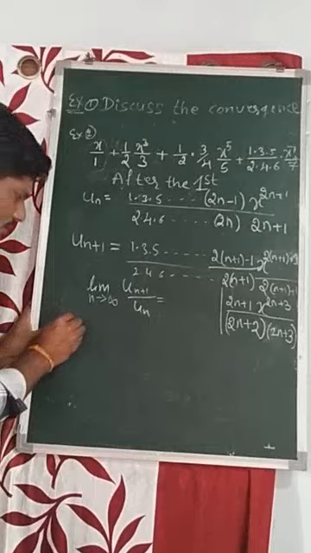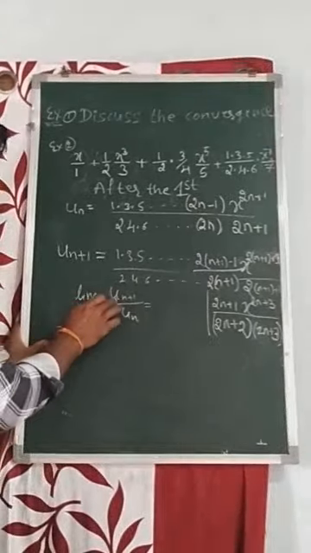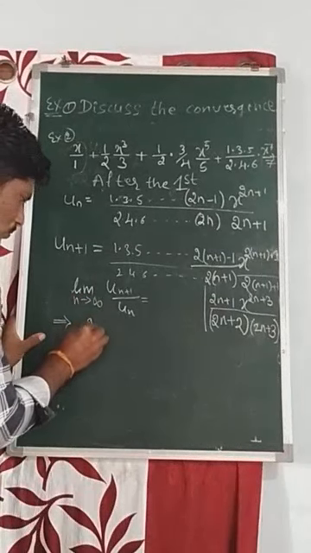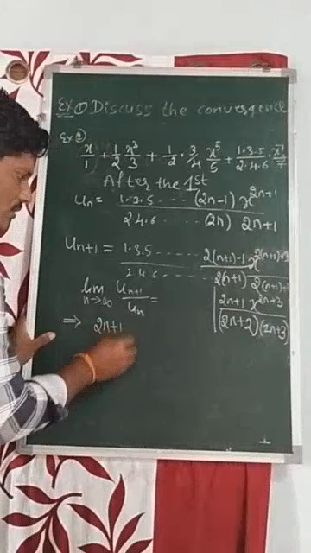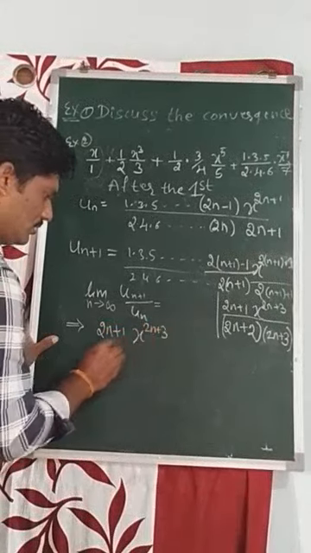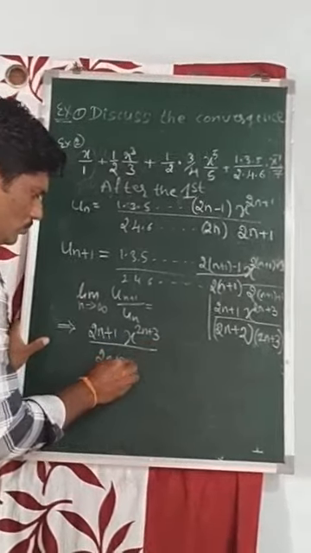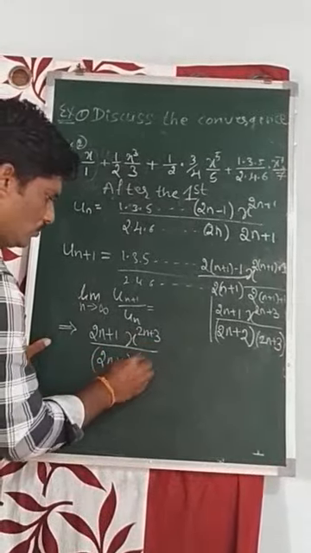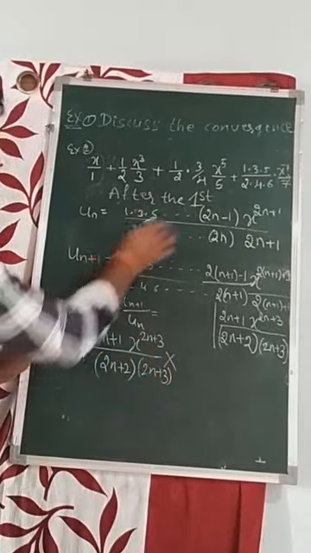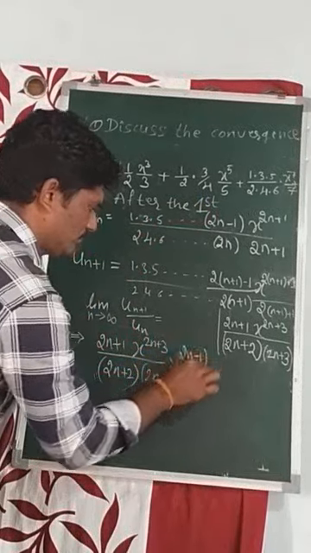This implies applying the limit, un plus 1 divided by un. Un plus 1 is this: 2n plus 1 x raised to 2n plus 3 divided by 2n plus 2 into 2n plus 3. Reverse the un term, 2n minus 1.